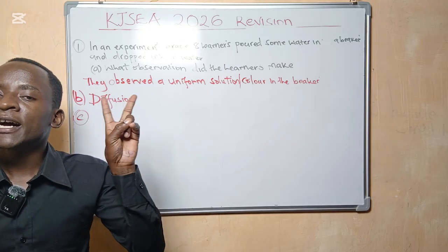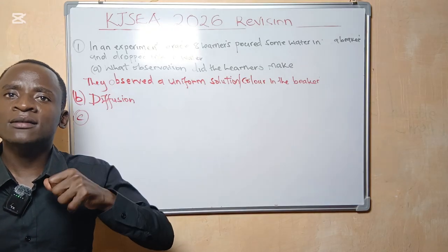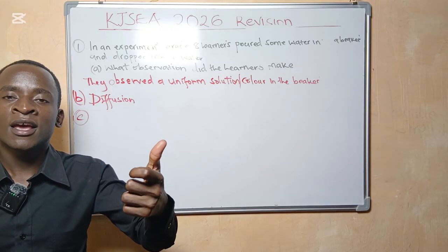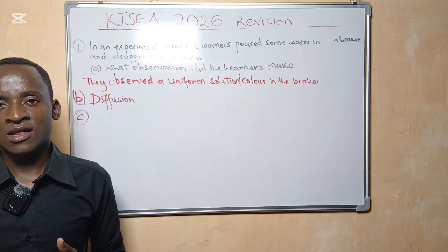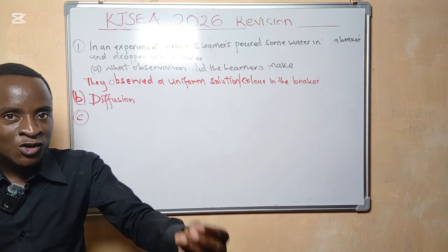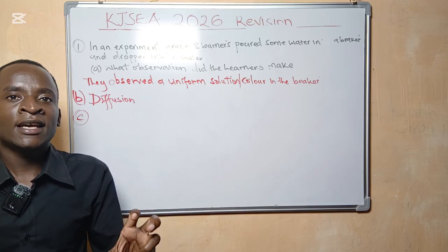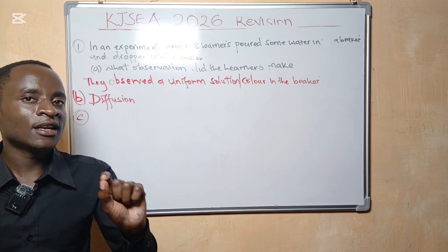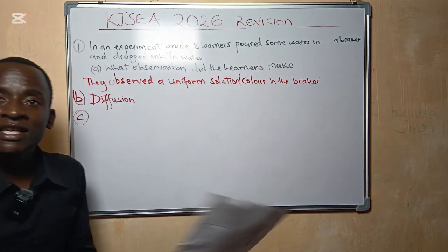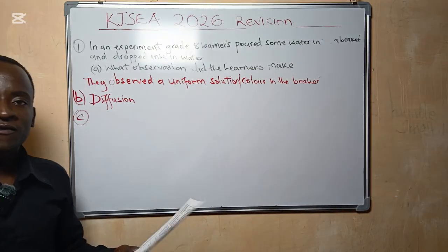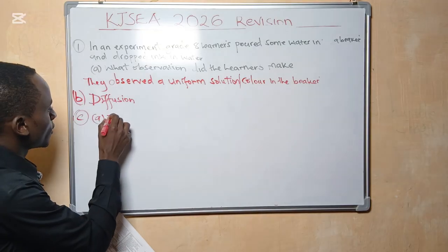Remember we said that we only have two processes in which materials are able to move in and out of the cell, and these two processes are diffusion and osmosis. These are biological processes that aid in the movement of particles in and out of the cell. We have diffusion and osmosis. Now, just to remind ourselves, what are some of the factors that affect diffusion? Number one, we have temperature.